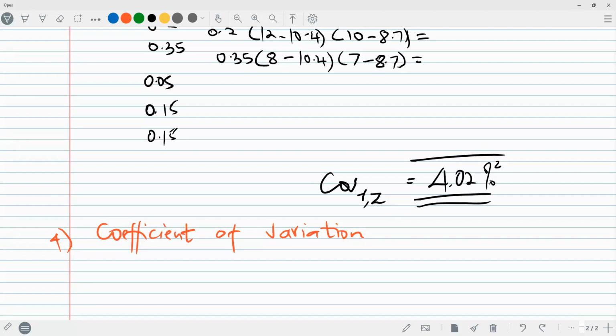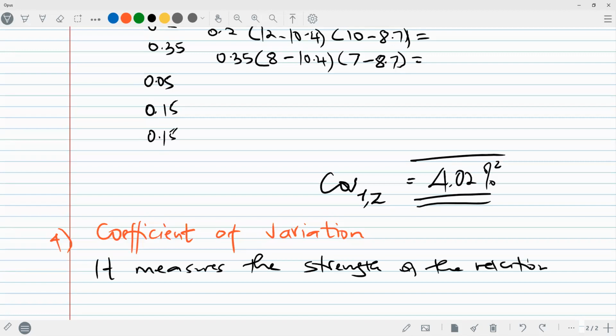Now coefficient of variation, let me just put it, measures the strength of the relationship between the returns of two assets.